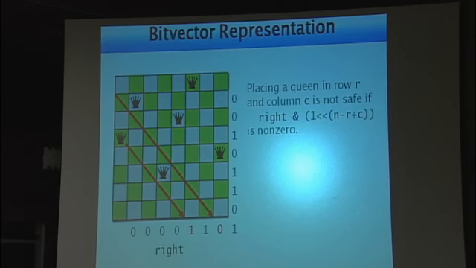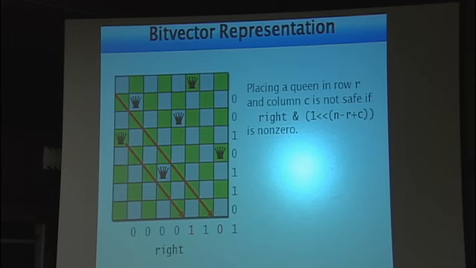Okay, so it turns out it's not safe to place it if, when I take my right array and I take n minus r plus c and left shift it by that amount, that's non-zero. Here I'm indexing rows and columns from the upper left-hand corner.